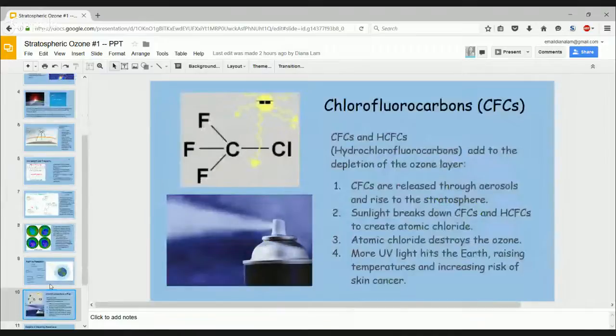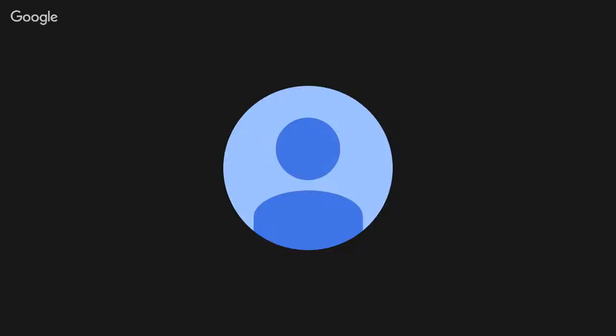And some pollutants known as CFCs and HCFCs, or chlorofluorocarbons and hydrochlorofluorocarbons, rise to the stratosphere.